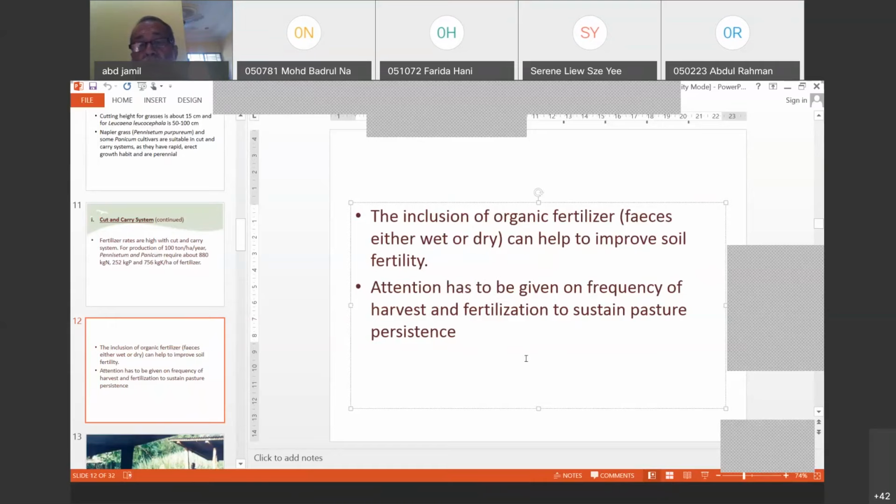Or alternatively, when you have a lot of grasses, you must preserve the surplus grasses in the form of silage. Maybe next lecture or the next two lectures, I'm going to tell you how to make silage. The silage can be kept for as long as 1 or even 2 years if properly maintained.